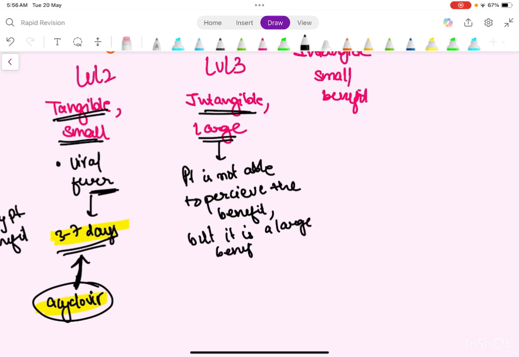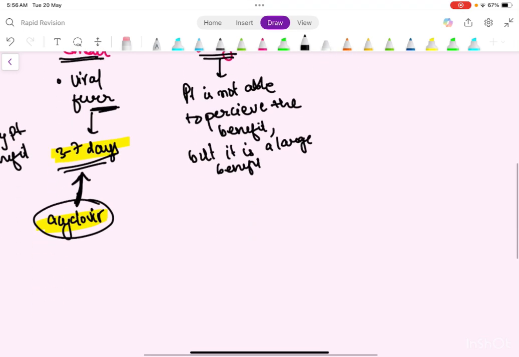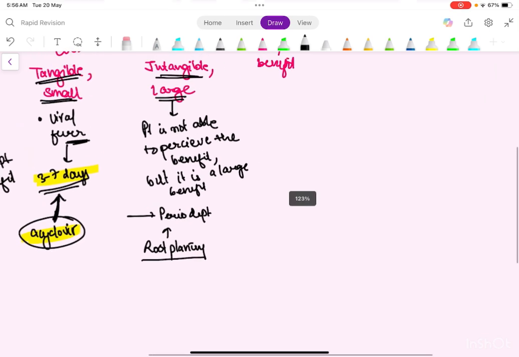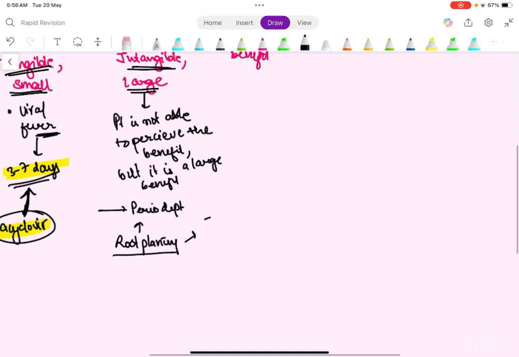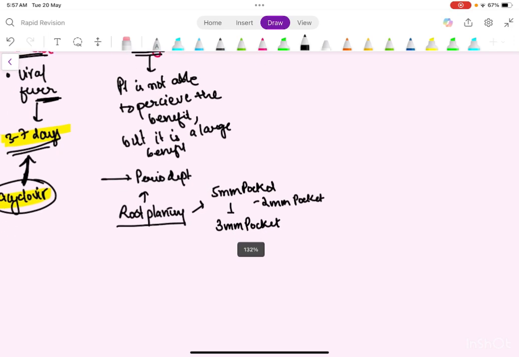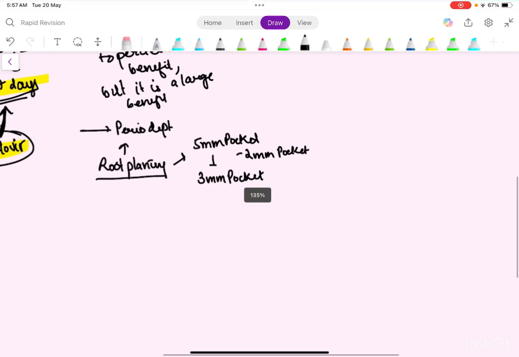Suppose there's a patient in the perio department, and we have done root planing. The patient is like, oh, okay. Suppose he had a 5 mm pocket before, and because I did root planing, it converted into a 3 mm pocket. So there's a reduction of 2 mm. For a periodontist, it's a huge thing. But for a patient, what is 2 mm, what is 3 mm, what is 5 mm? He cannot perceive the pocket depth.